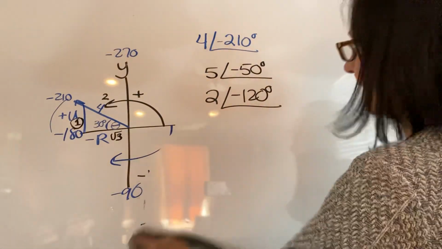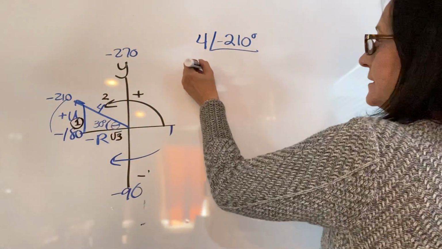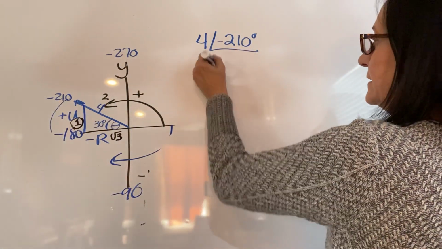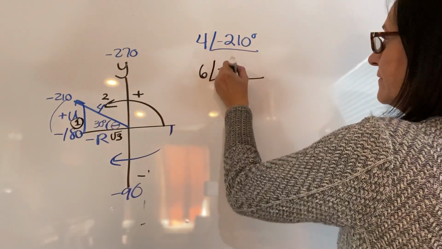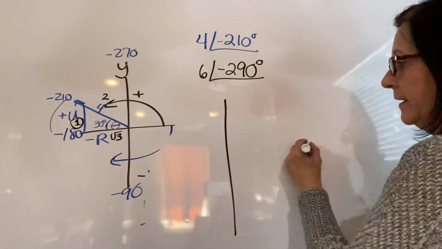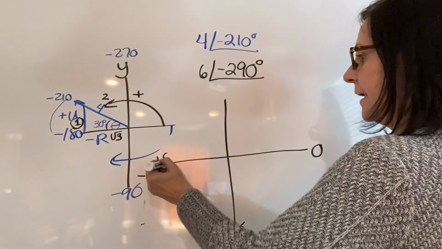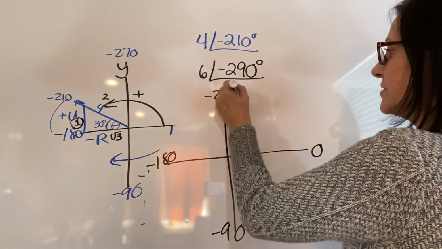All right, now let's put one in the first quadrant, a negative angle in the first quadrant. So it could be 6 at negative 290 degrees. We have 0, negative 90, negative 180, negative 270.